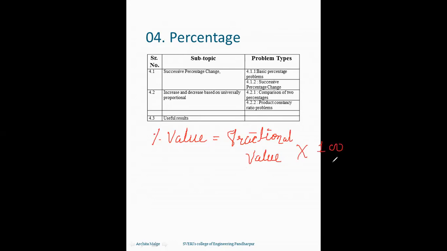Okay, for example, a fraction such as 2 by 5 can be written as 0.4, or in percentage form it will be 40%, and vice versa. Okay, so here percentage means per 100, and it is given by the percentage symbol.